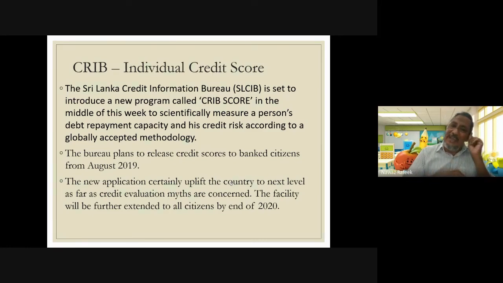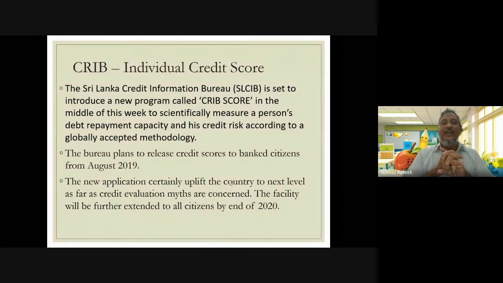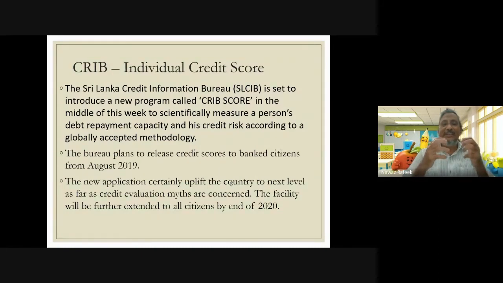The new application will certainly uplift the country to the next level as far as credit evaluation techniques are concerned. CRIB is giving the biggest support for us to make credit decisions. So it starts as external factors used to make credit decisions. They undertook that job.